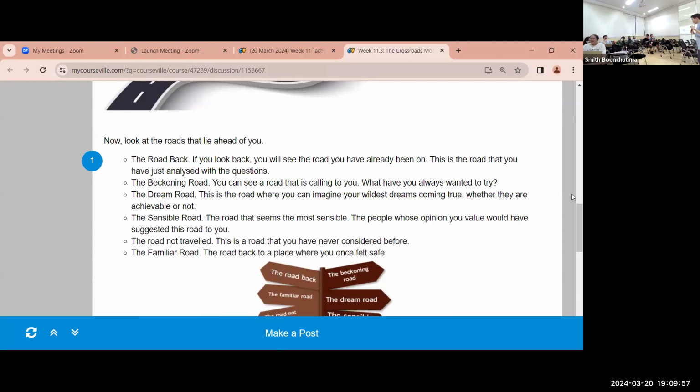Okay, I already reached where I want to be, or where I deserve to be. The road back means that you look back and you see the road you have already been on. This is the road that you have just analyzed with the questions.